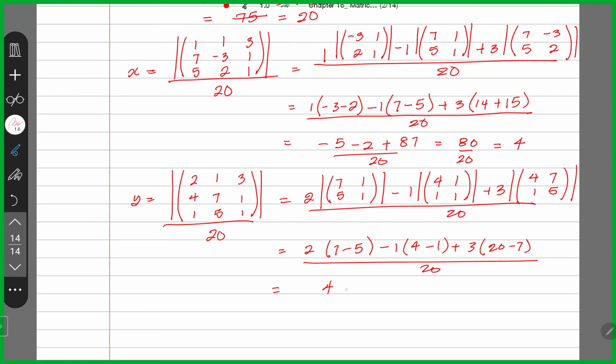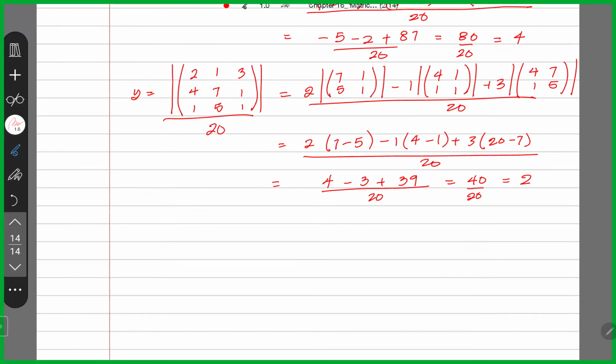This is 4 minus 3 plus 39, or 40. So this is 40 over 20, which is 2. So y is 2. Z, I'll call it a day.